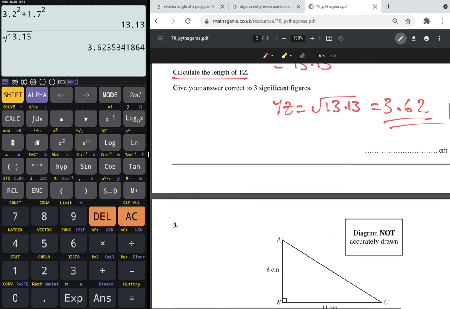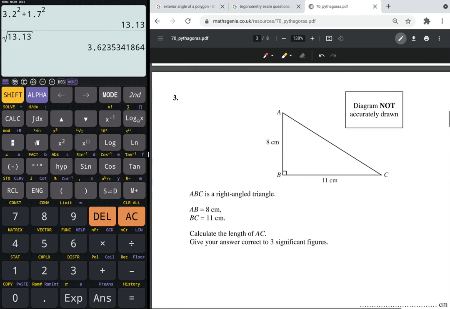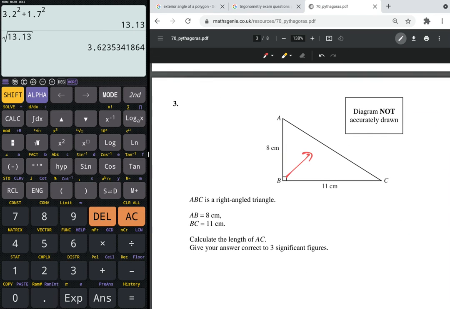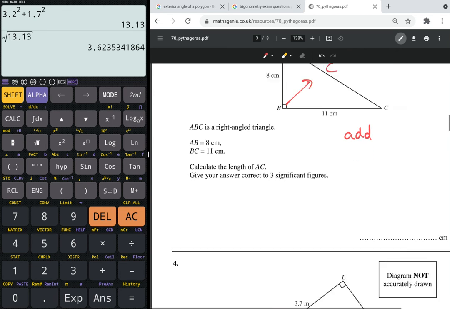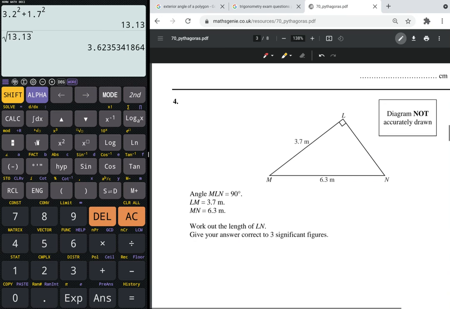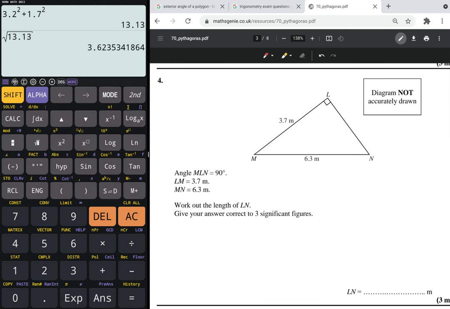Okay, so let's try the last one. As you can see here, guys, last example, first thing I do, find out where the long side is, opposite the right angle. There's my long side and there's my short sides. I've got the long side, and I'm trying to work out a short side, LN.